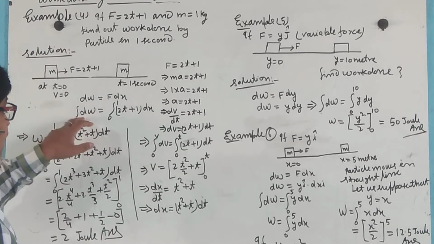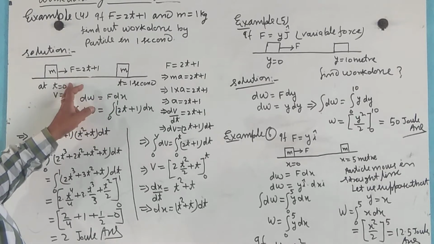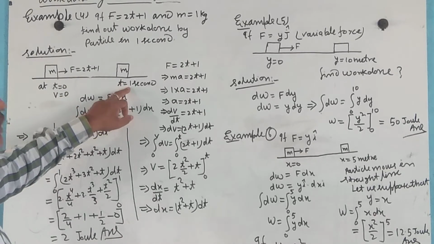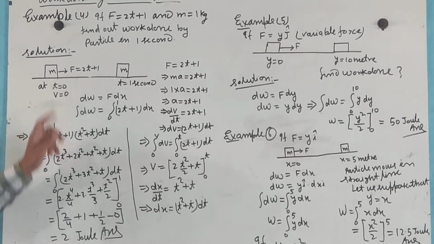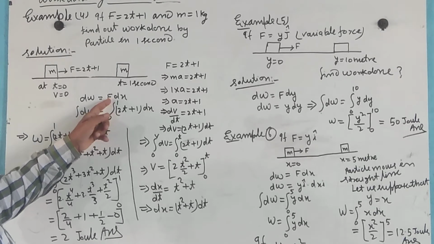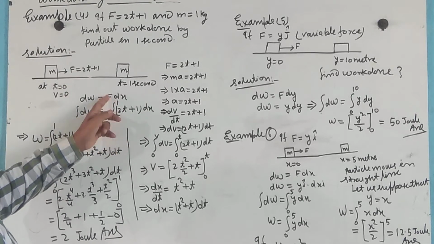Integration of dW is equal to 0 to t. Here t is equal to 0 to t is equal to 1 second. At t equal to 0, velocity is also equal to 0. So t is equal to 0 to 1, 2t plus 1, F dx.